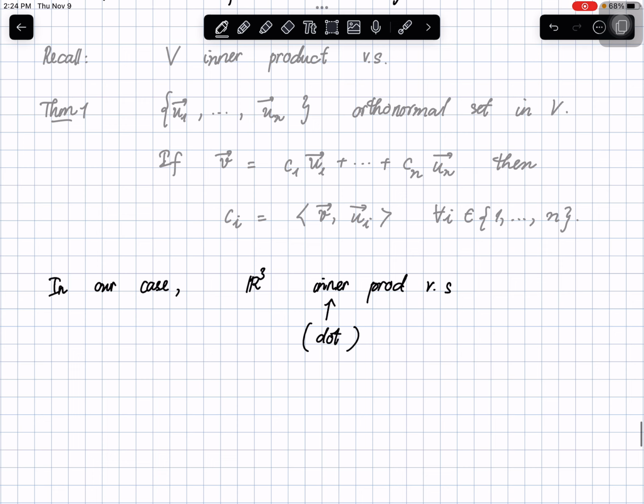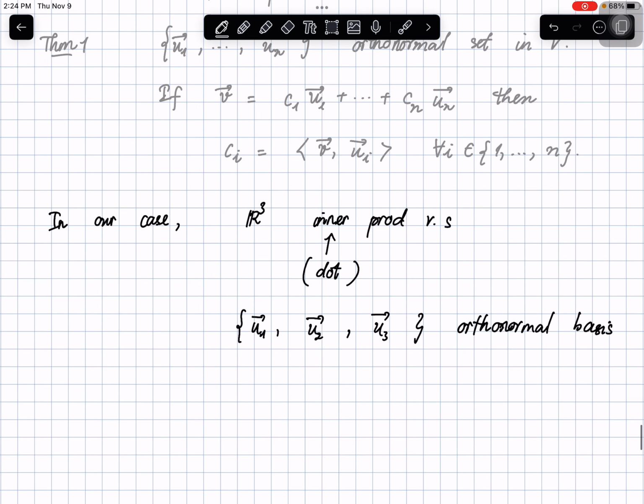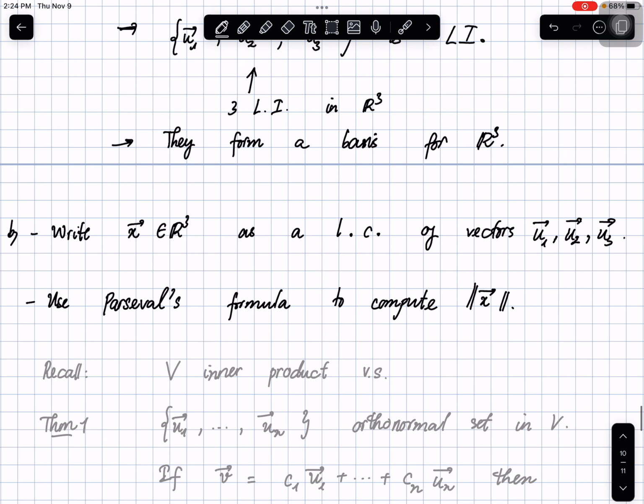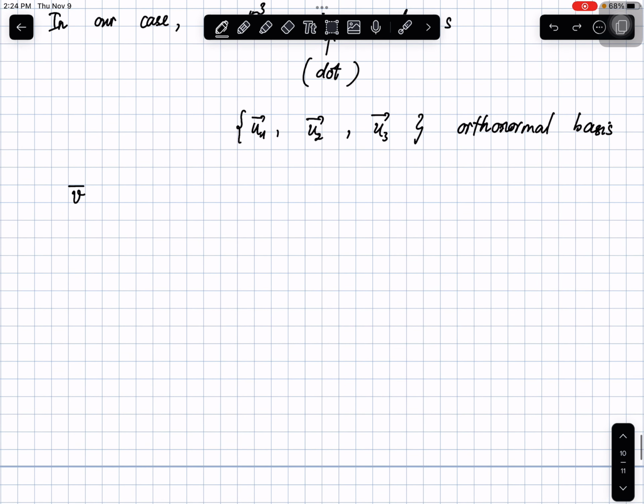We have three vectors u1, u2, u3, an orthonormal set, in fact the stronger orthonormal basis for R3. And we have any vector x in R3.